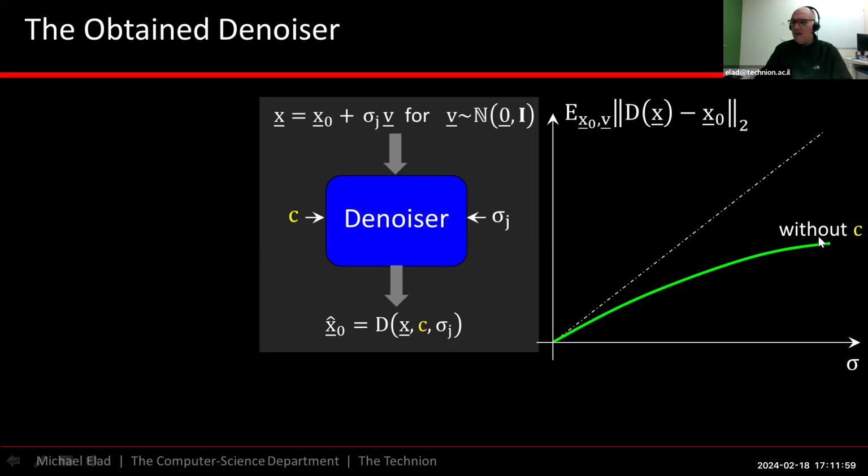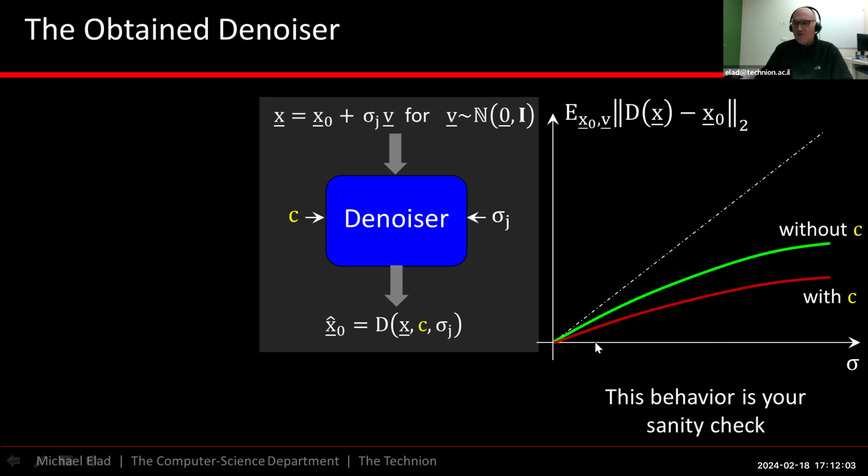Now, if this is without C, and the same machine getting C is creating a curve that is crossing above, you are in bad shape because you have a denoiser that got more information and chose not to use it and in fact wasted it. So you must make sure that your curve, the red one, is below the green one.